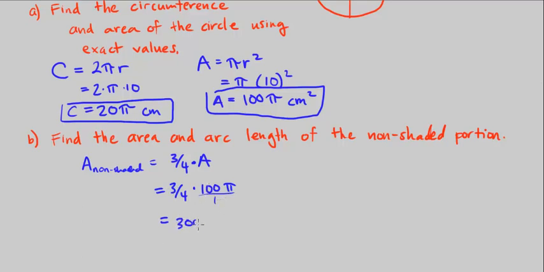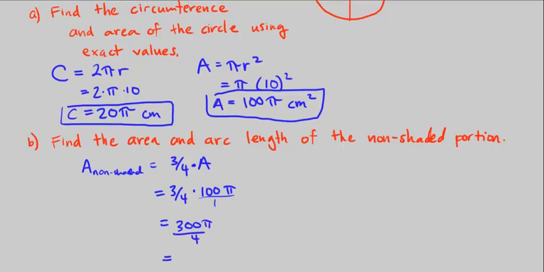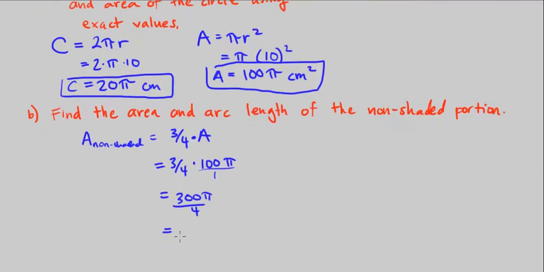So it's 300 pi over 4. We can simplify that because 300 divided by 4 is just 75. So it's 75 pi, and again, I'm going to put the units back in. We know it's centimeters squared. So this is the area of the non-shaded region.